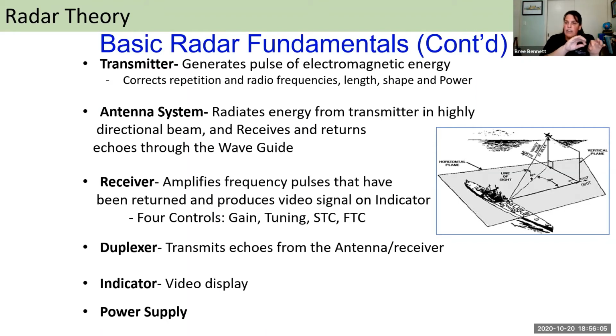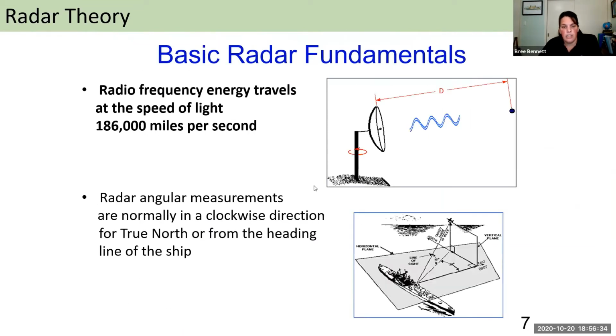So we could kind of fine tune our radar to see what is coming back. Okay. The duplexer transmits echoes from the antenna to the receiver. So that's just another tool up there on the transmitter receiver. Your indicator is just that video display. And then you have your power supply.